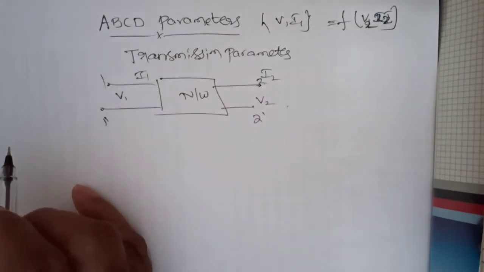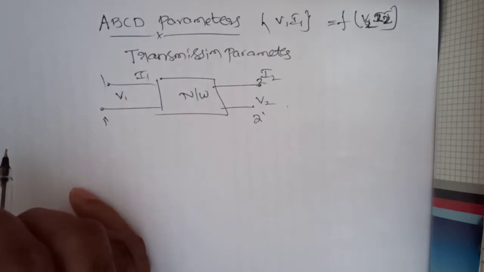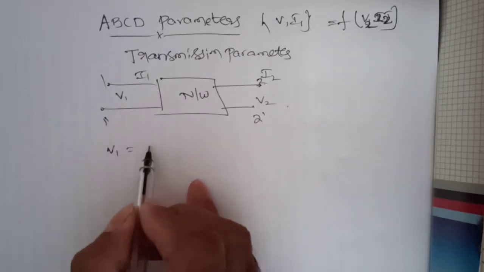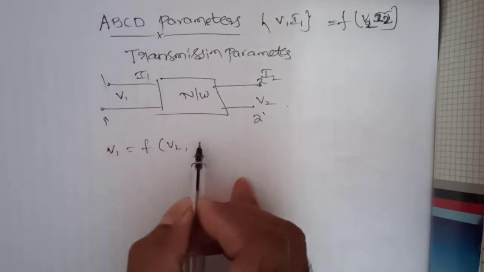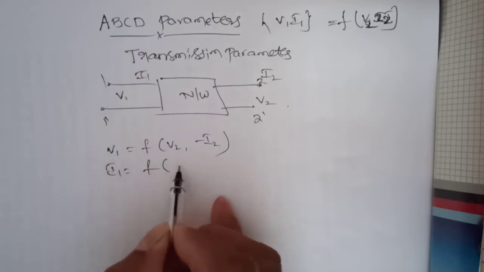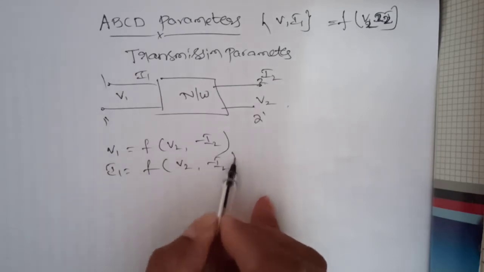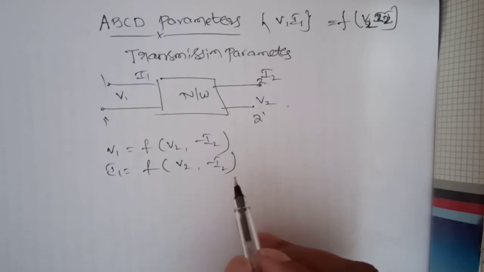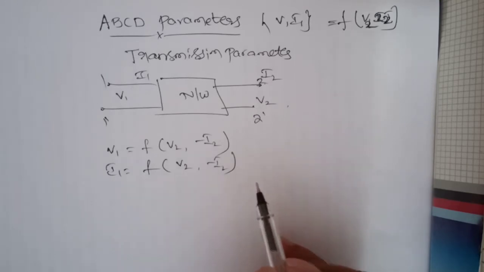But here we consider current in both the ports entering the port, both are positive. But the negative sign we have to indicate, that means V1 is a function of V2 and minus I2, and I1 is a function of V2 and minus I2. This negative sign indicates that the current I2 is leaving the port.